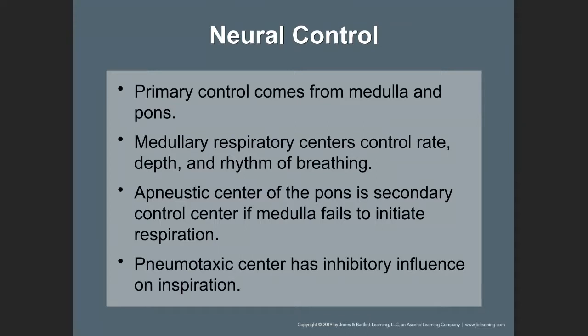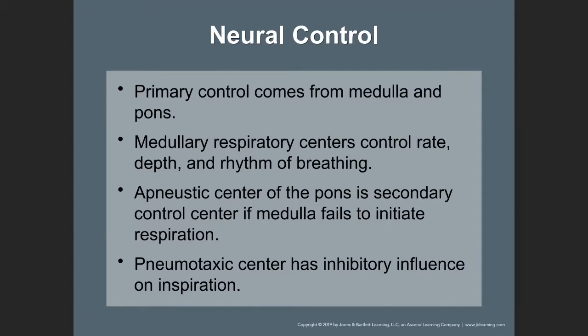The pneumotaxic center will inhibit the apneustic center, and the pneumotaxic center is more specific. It will have specific control in the breathing rate, the rate of breathing.